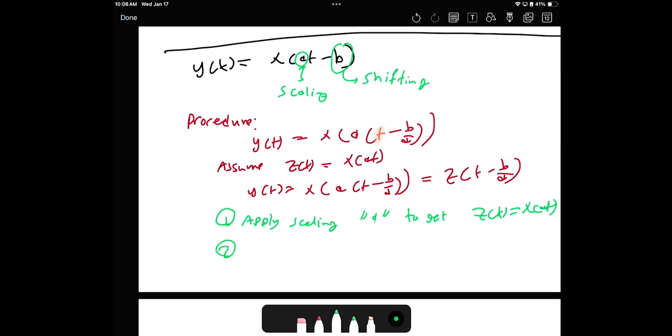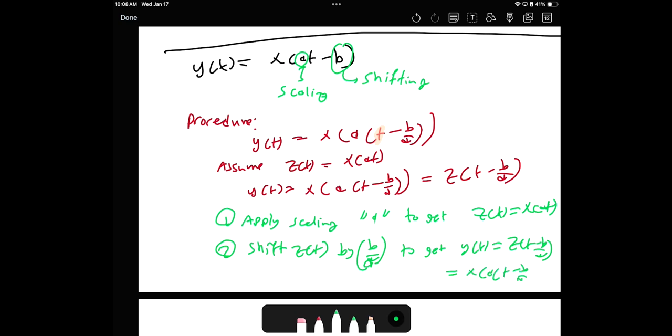The second step, we will shift z of t by b over a. Then we get y of t, which is z of t minus b over a, or in other words, x of a times t minus b over a.